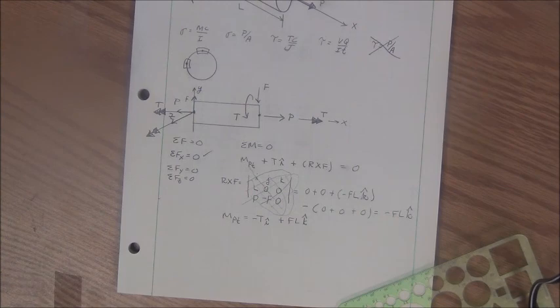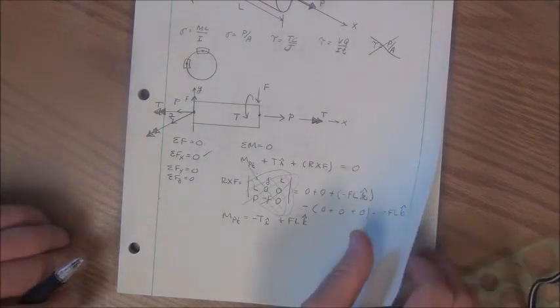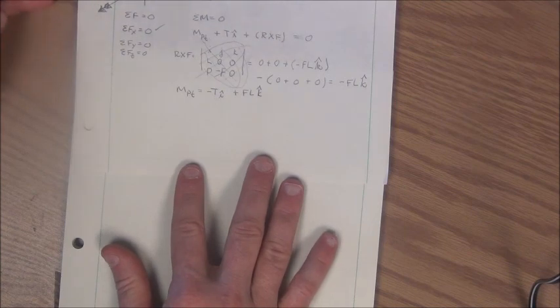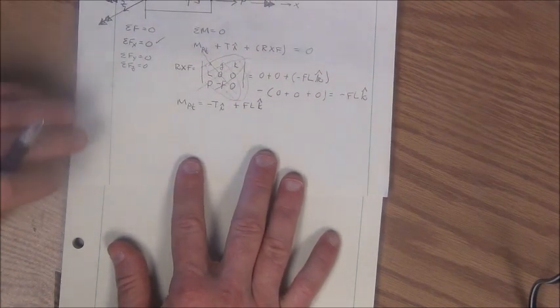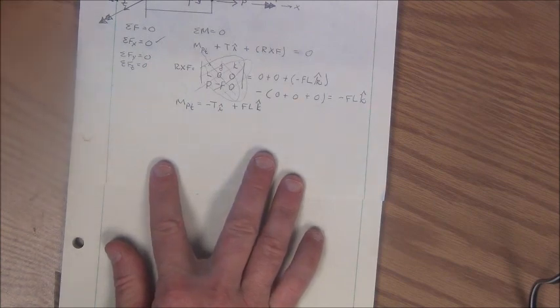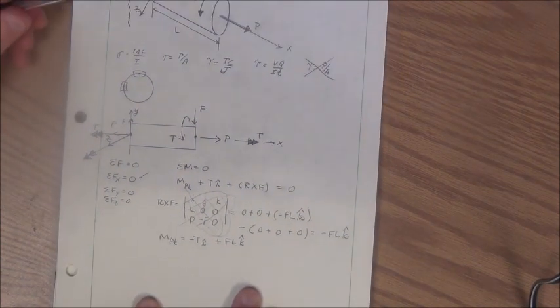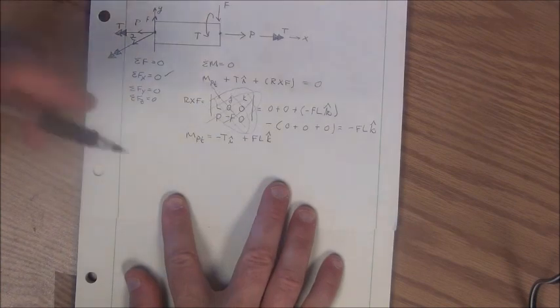Now I'm ready to draw the stresses that act on my stress element. I'm going to keep my free body diagram in view and remember that I'm looking for the stresses that occur on an element A and an element B. So I will look at the stresses on element A first.